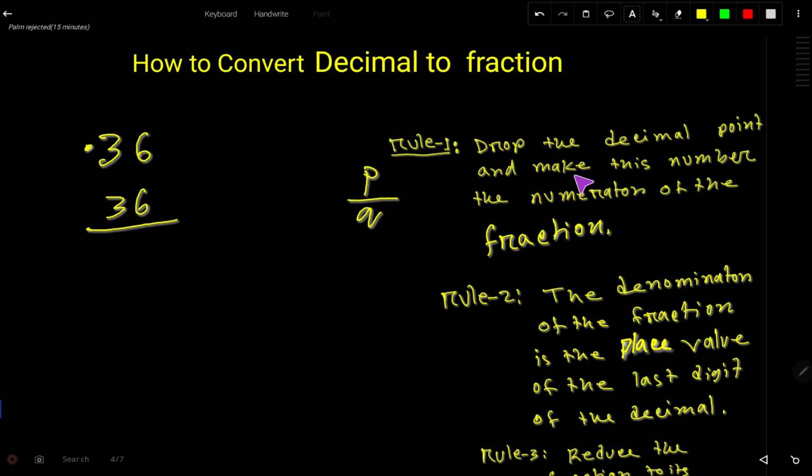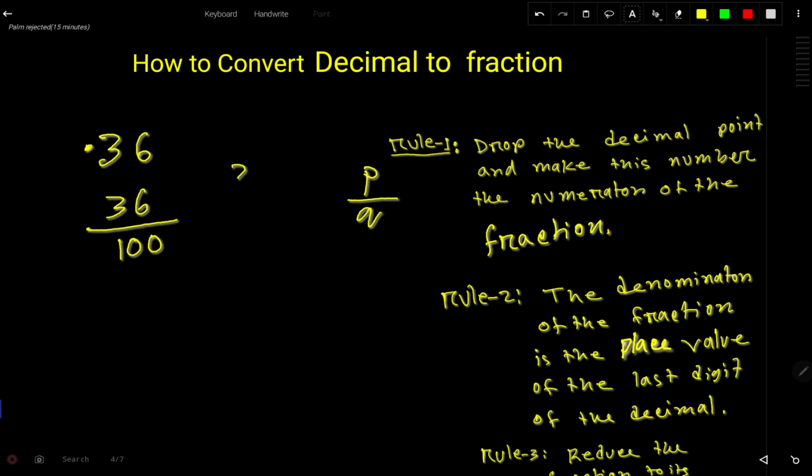Drop the decimal point and make this number the numerator of the fraction. And for the denominator, the denominator of the fraction is the place value of the last digit of the decimal. The place value of 3 is the tenths place and this is the hundredths place. So we have to write here 100, right?